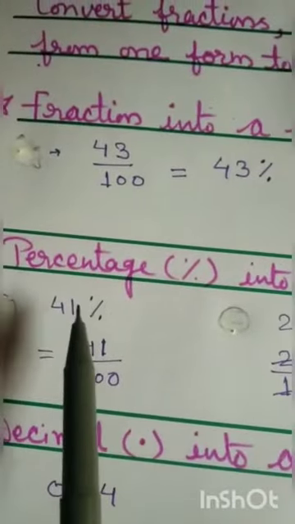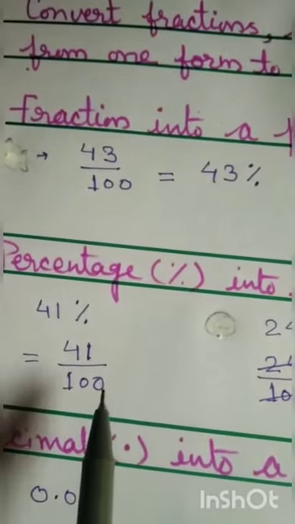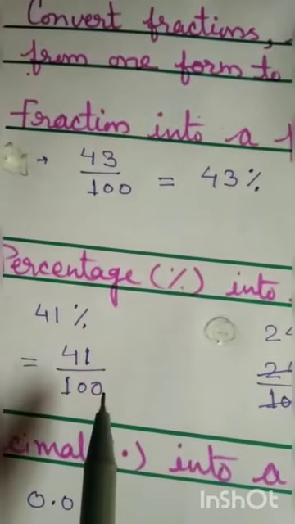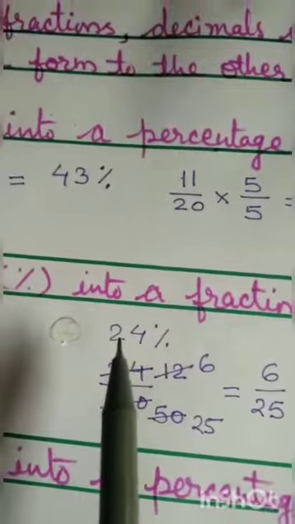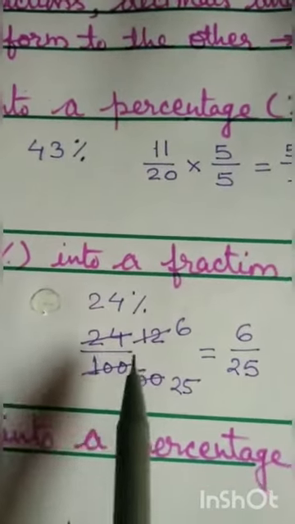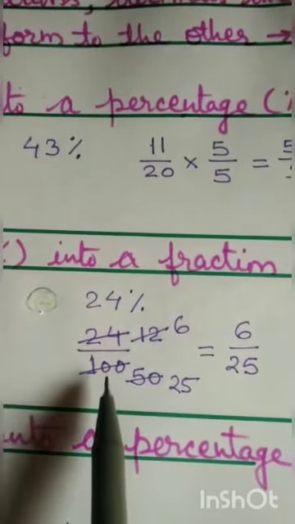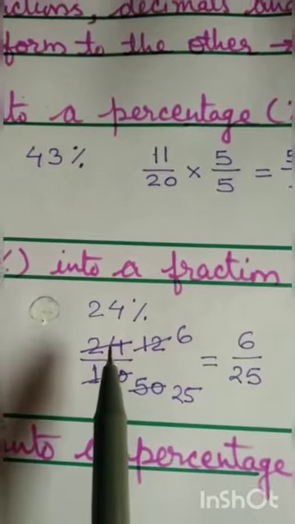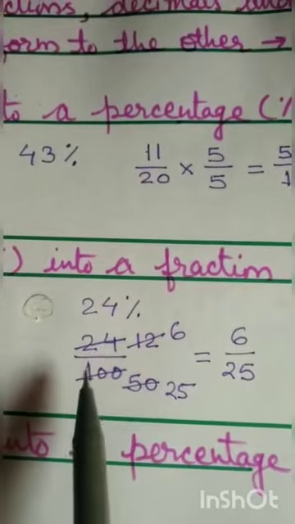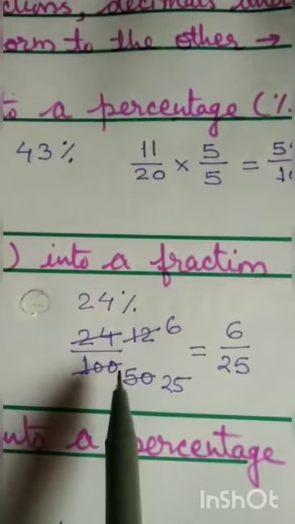Next, how to convert percentage into a fraction. Remove this sign and in the denominator write 100. So the fraction will be 41 by 100. Another example, 24%. Remove this sign and in the denominator write 100. 24 and 100 are divisible by the common factor 2, so we divide by 2. 2 12s are 24. 2 50s are 100.